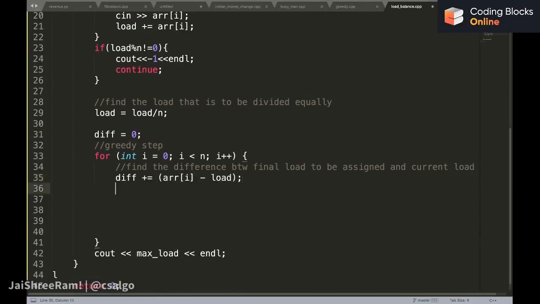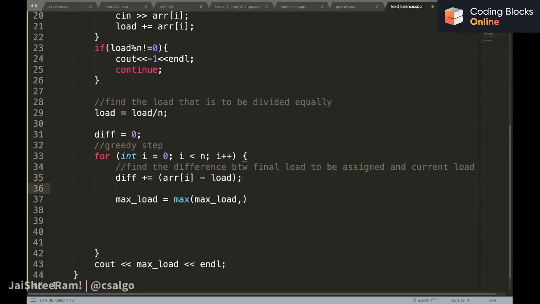Then I can update my maximum load. We have to take the maximum to find the maximum load. So maximum load is max of whatever the previous maximum is and whatever my current answer is. The current answer will depend upon whether the value of difference is positive or negative.